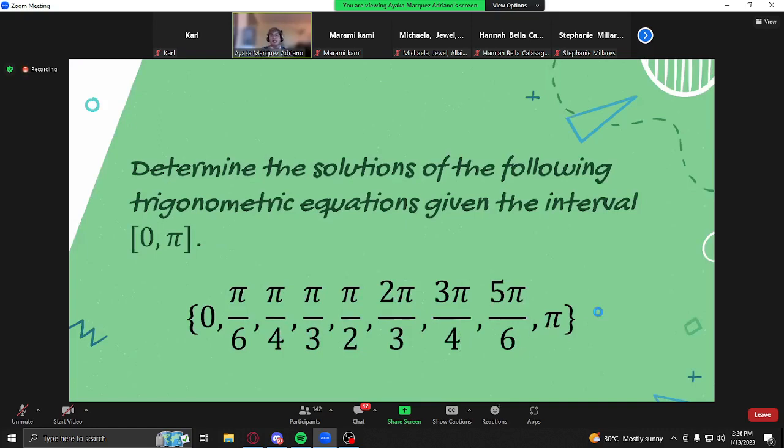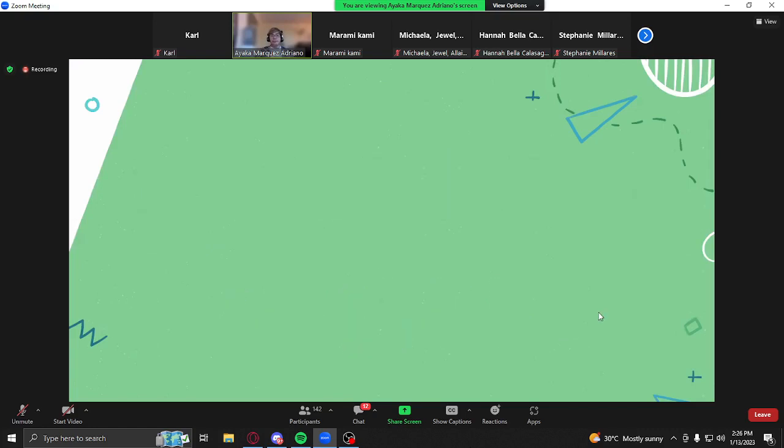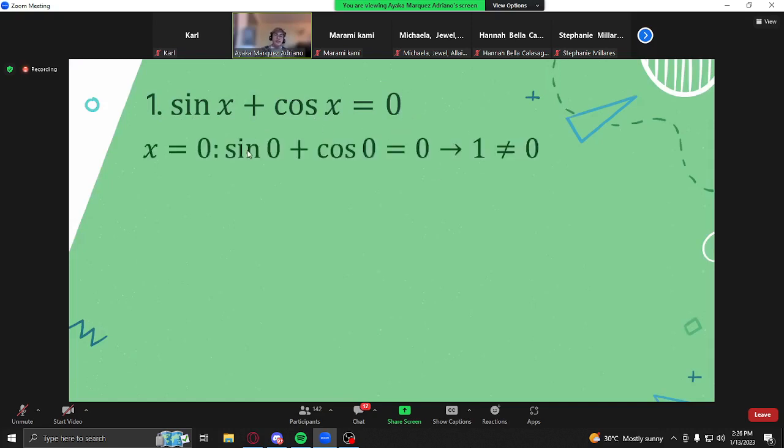Let's have the first example. Sin x plus cosine x is equal to 0. So we'll try it using when x is equal to 0. Can you press in your calculator sine 0 plus cosine 0?